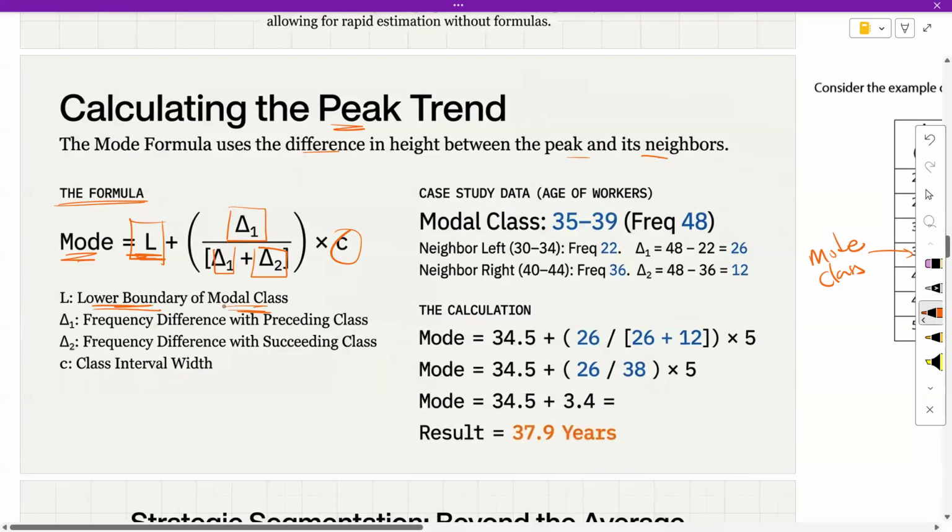L is the lower boundary of the modal class, and delta 1 is the frequency difference, not cumulative frequency, with the preceding class, and delta 2 is the frequency difference with the succeeding class. C is the interval width.